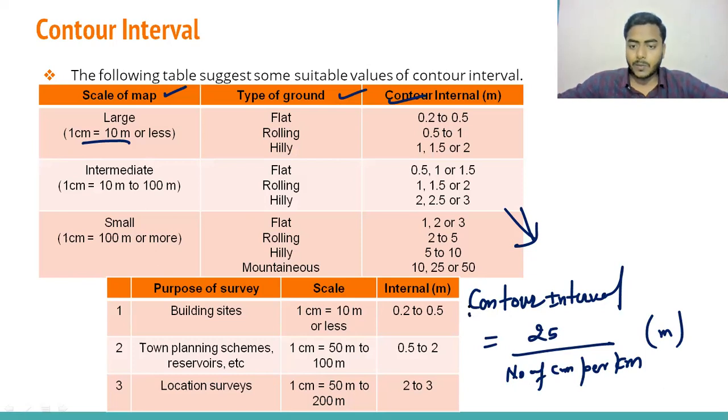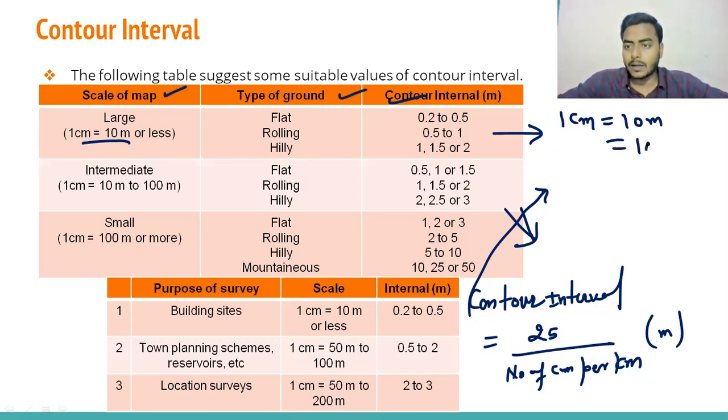By using this formula, we can calculate the contour interval for the case where the scale is 1 centimeter equal to 10 meter. So we have to calculate for 1 kilometer. 1 kilometer is 1000 meter, which multiplied by 100 is 100 centimeter.